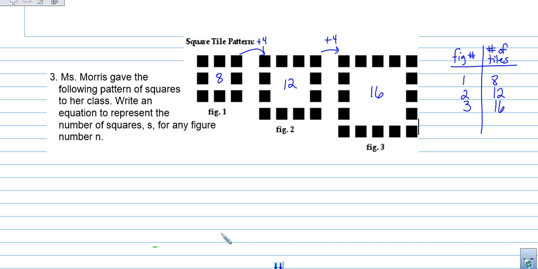And then, just like we did in the previous question with the table, you just find the pattern this way. And we get plus 4, plus 4. And this is plus 1, plus 1. So really, a change in y over a change in x, you get 4 over 1, which equals 4. So either way, this and this are the same. That's how our pattern changes.